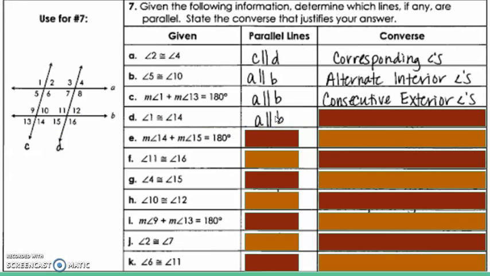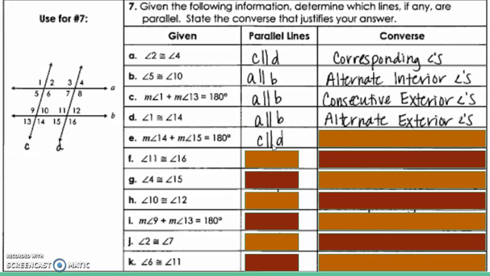C is our transversal. And that is our alternate exterior angles converse. For angle 14 and angle 15, adding up to 180 degrees, line B is our transversal, and C and D are parallel, and 14 and 15 equaling 180 is our consecutive interior or same side interior angles converse.